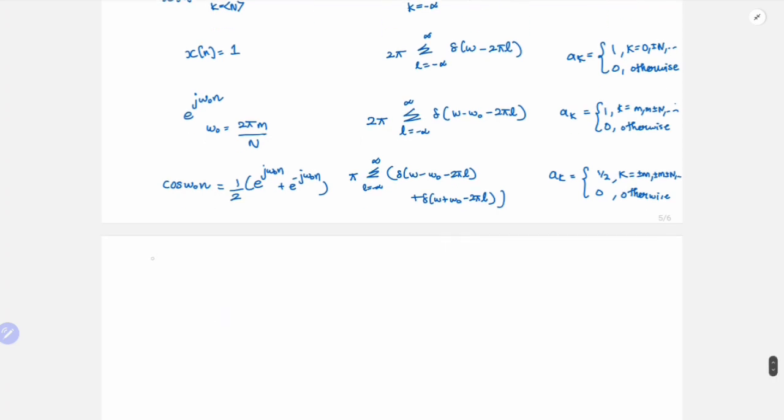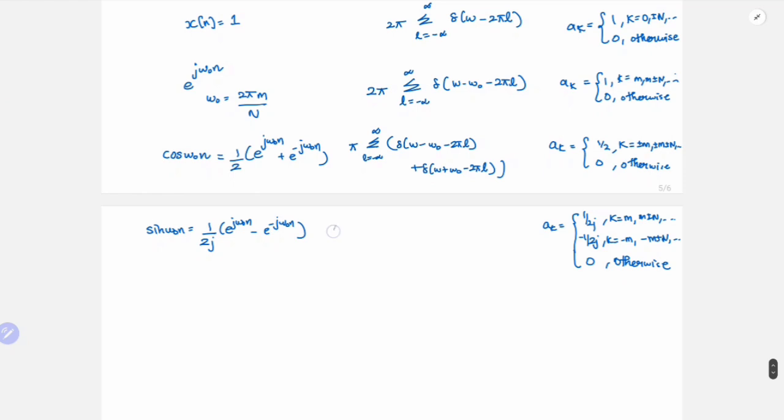That's all. Similarly for sin ω0n, it is 1/2j (e^(jω0n) − e^(−jω0n)). So your a_k is going to be equal to 1/2j for k equal to m plus minus N, right? And so on. And minus 1/2j for k equal to minus m plus minus N and so on, and then 0 otherwise.